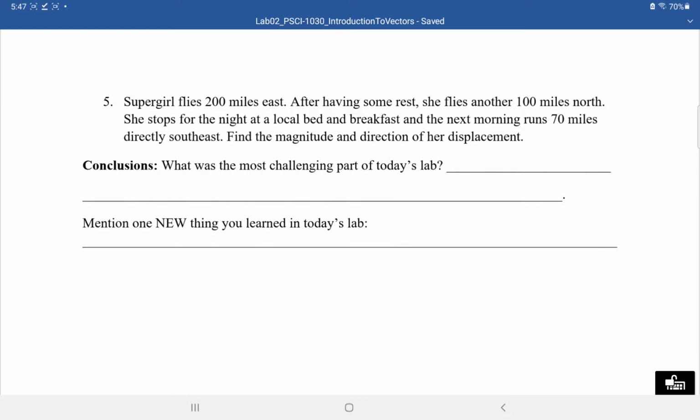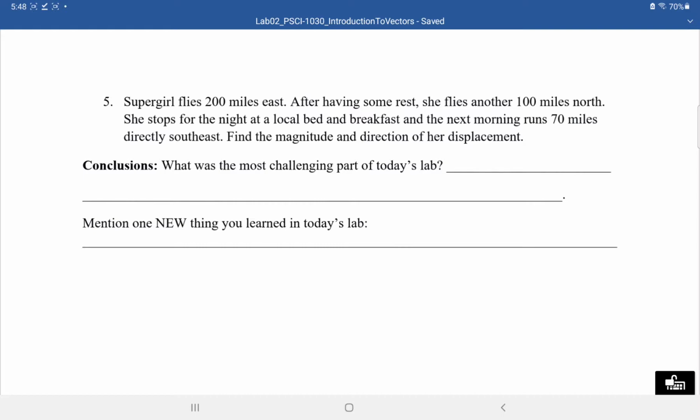Supergirl flies 200 miles east, right? This is a little bit complicated. There are more than two vectors, so it is more complicated than the previous one, but you can use the same approach as before. In this case also, you can complete the parallelogram and get the final answer.